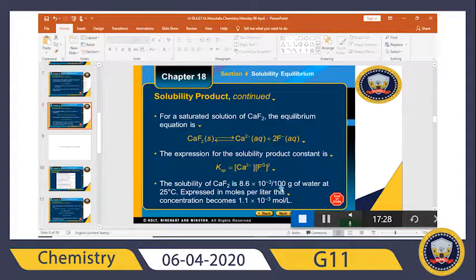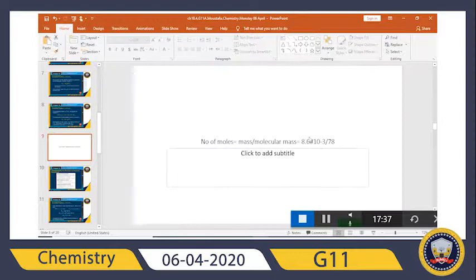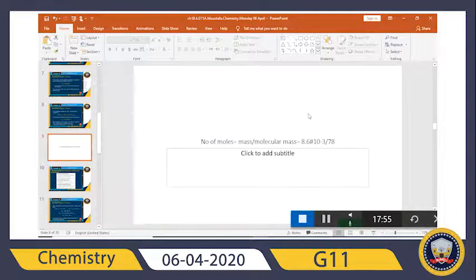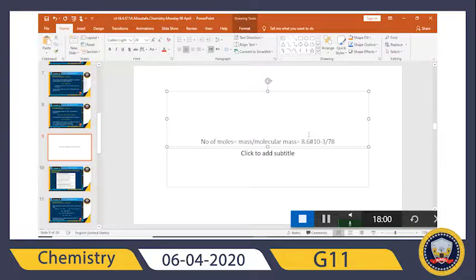The second part is the 100 grams of water. By this equation we changed the amount in grams to moles. The second part is to change 100 grams of water to liters, by dividing over 1000.